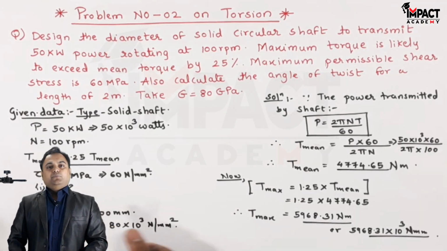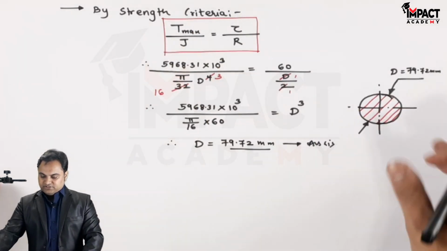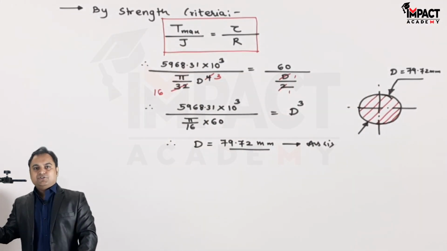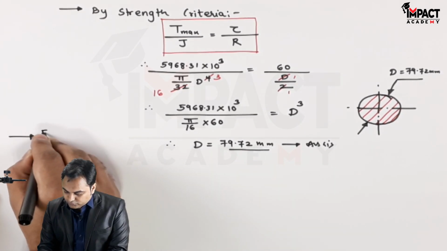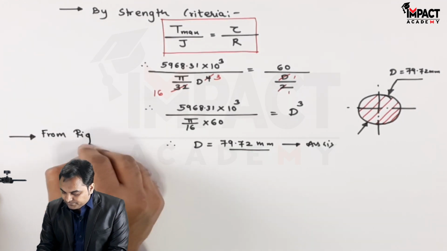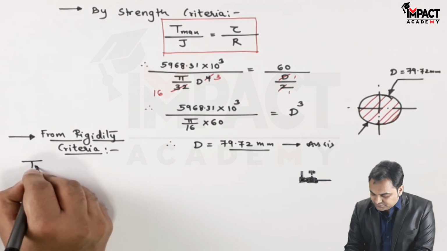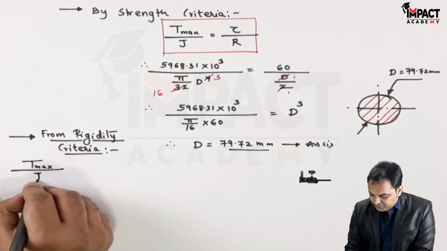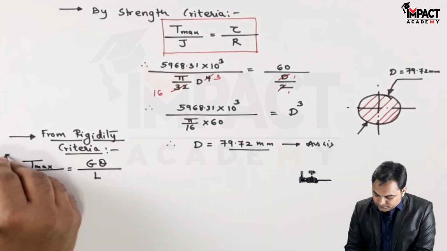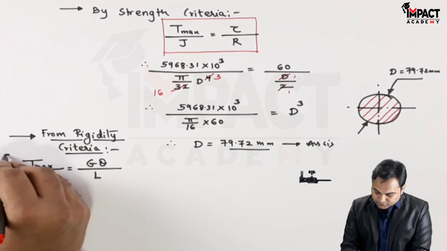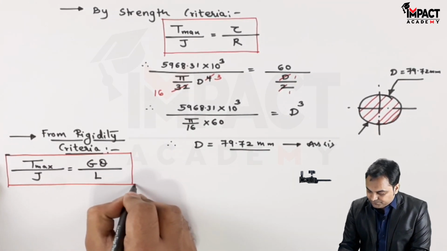The next part of the question is we have to find theta, that is the angle of twist. For that I would be using the rigidity criteria, just in the same way as I had used the strength criteria. From rigidity criteria, again Tmax upon J is equal to G theta by L. This is the rigidity criteria, because here we have modulus of rigidity and even angle of twist theta.